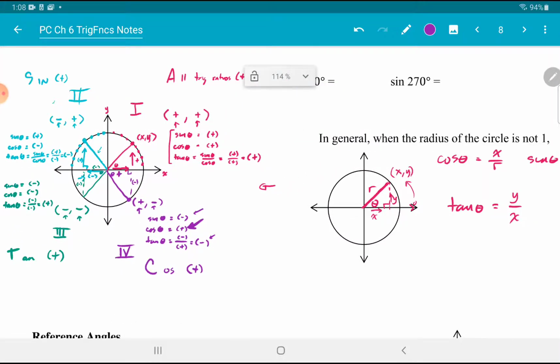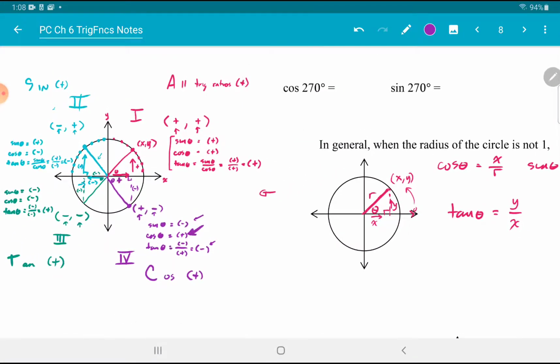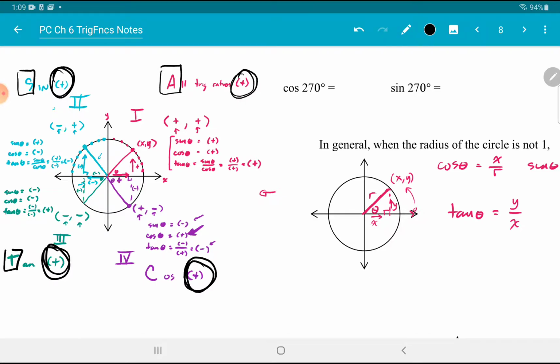Okay, so what I've tried to outline here is that every single time I was trying to find out which values were always positive, and that's what I've established here. These are the values that are always positive depending on which quadrant you're in. And I've tried to emphasize here, if I take the first letter of each of these, you can actually develop a mnemonic to remember which trig ratios are positive and negative in those particular quadrants.